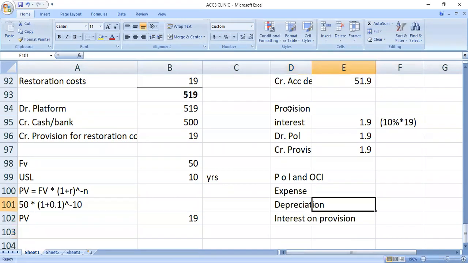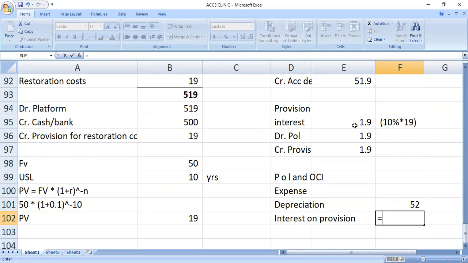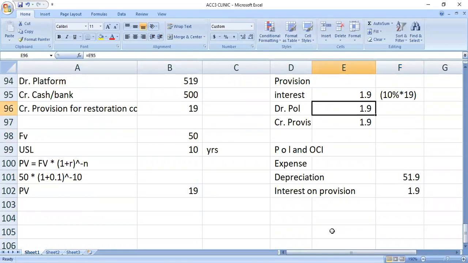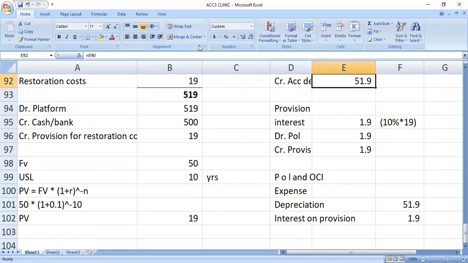So the depreciation was already gotten as 51.9, and then the interest is 1 point. Okay, so I'm done with my profit or loss statement. This is I-16.